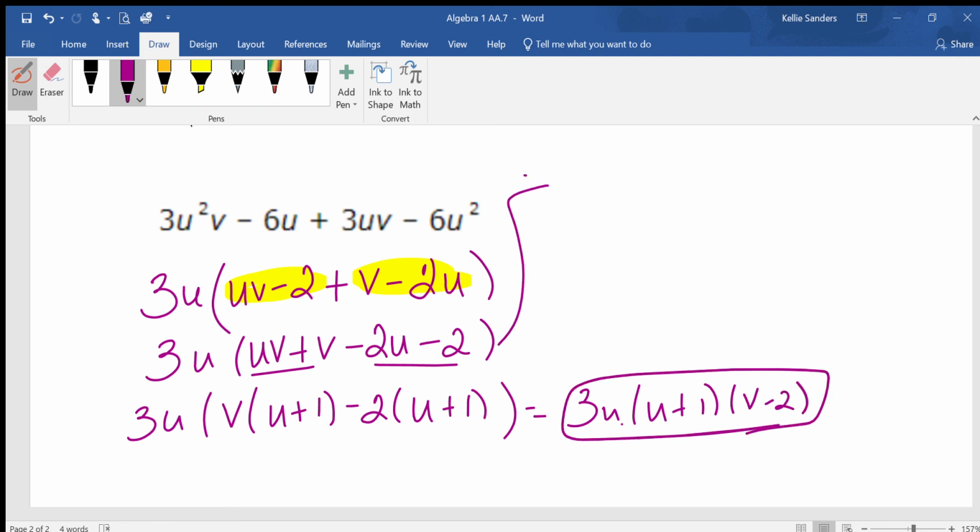Okay, I want to show you something on this one. Or this one. I could have kept the UV here and put the negative 2U with it, and then the V and the negative 2.